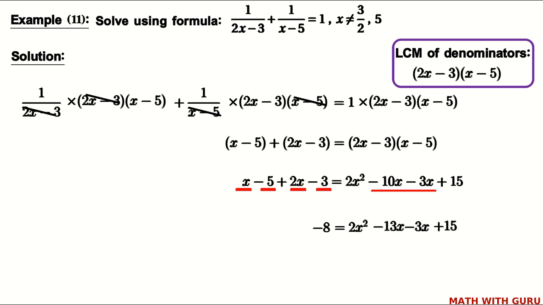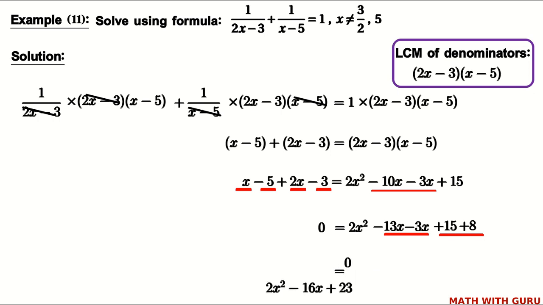This becomes negative. This becomes positive. We get 0 equals 2x squared minus 13x minus 3x plus 15 plus 8. These are the like terms. Again, these two are also like terms. Let us simplify further. 0 equals 2x squared minus 13x minus 3x. The algebraic sum is minus 16x plus 15 plus 8 is 23.